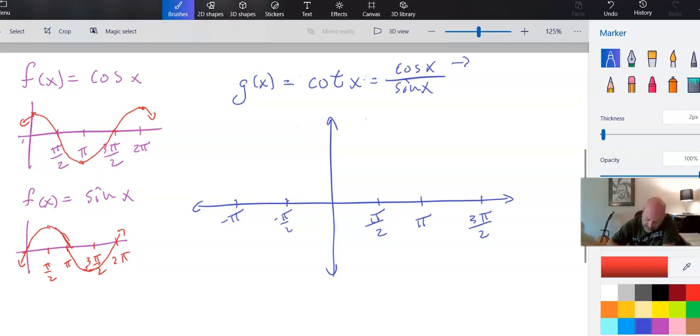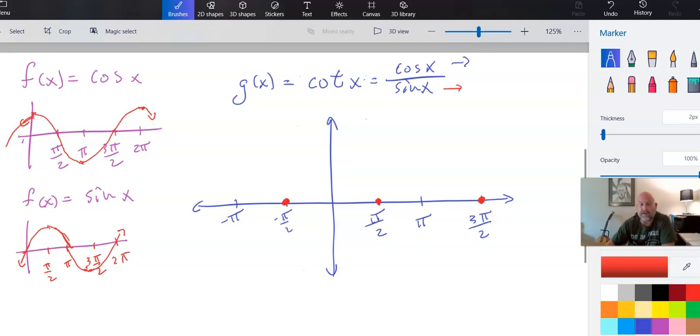Cosine is 0 at pi over 2, and at 3 pi over 2. And if we continue on, back on this side, negative pi over 2. So these are all zeros here. And then the other one would be negative 3 pi over 2. That's enough for what we have right now. Okay, so those are our zeros.